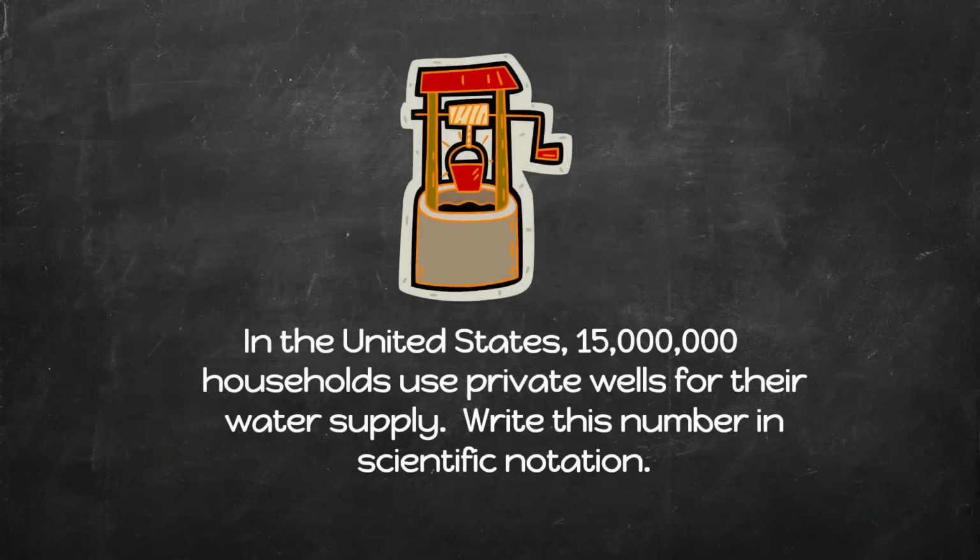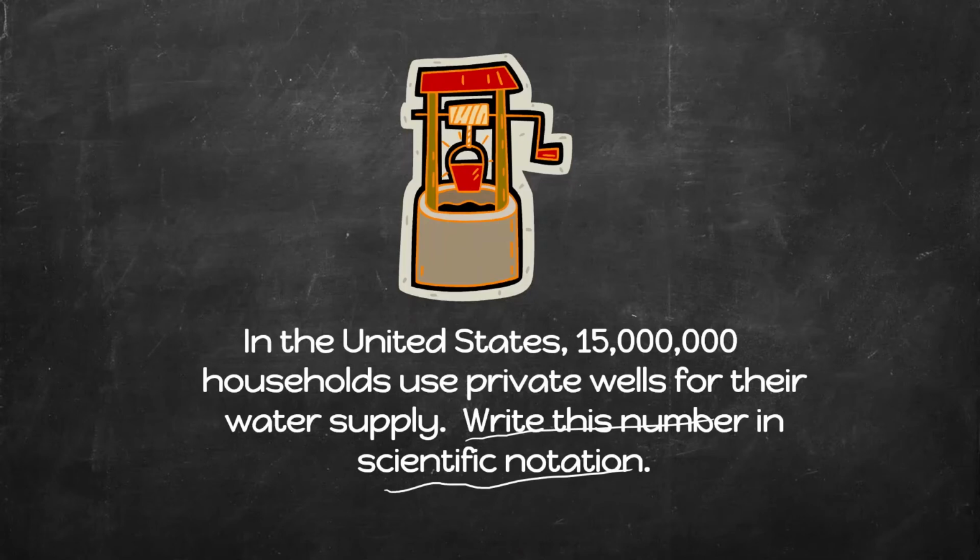Ayan. Let's have this problem. In the United States, 15 million households use private wells for their water supply. Write this number in scientific notation. Remember, when we are solving a problem, we just need to identify what's being asked. Ang kailangan natin gawin, we have to write this number in scientific notation.